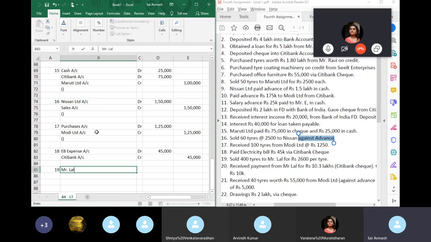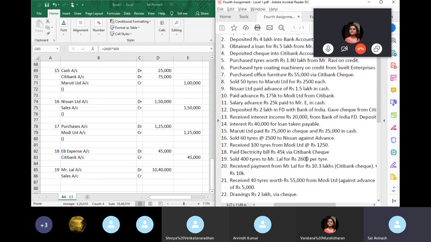Okay, so Mr. Lal, debtor, asset, right? And sale, it increases, income increases. The value is 2,600 times 400. Guys, if you notice, I'm not selling for the same value, right? In case I sold for 2,500 to Nissan Limited, but maybe I got a better deal with Mr. Lal, so I sold it for 2,600.